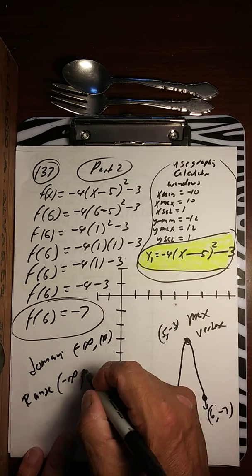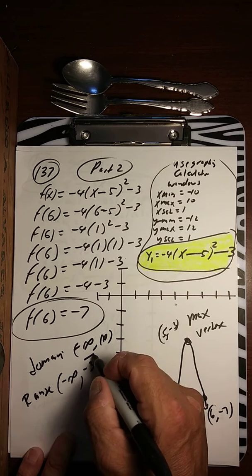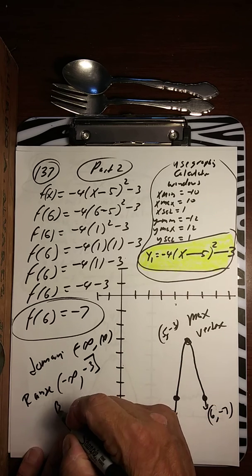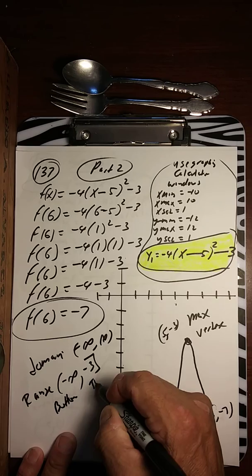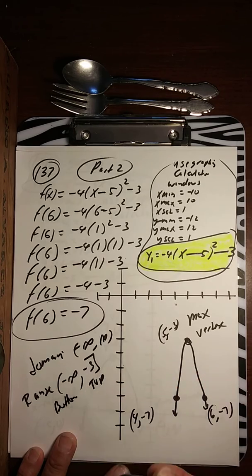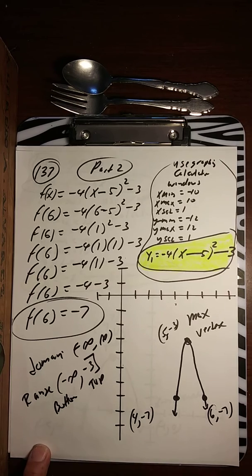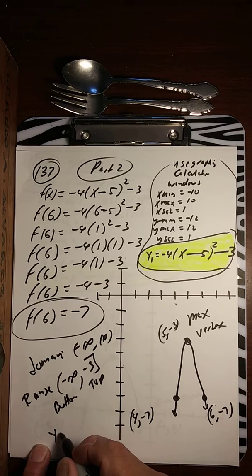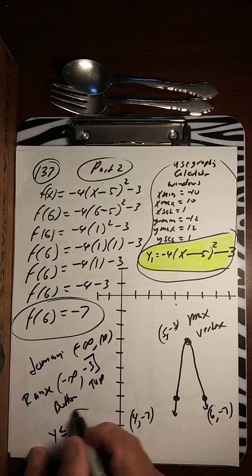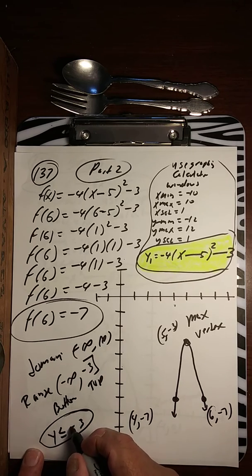To -3, I guess including that. From the bottom to the top of the graph. Or another way to do it, we can say y is less than or equal to -3. Another way to say the range.